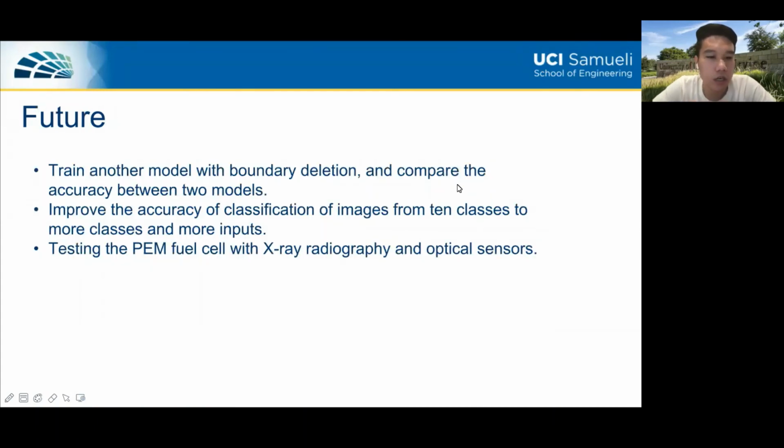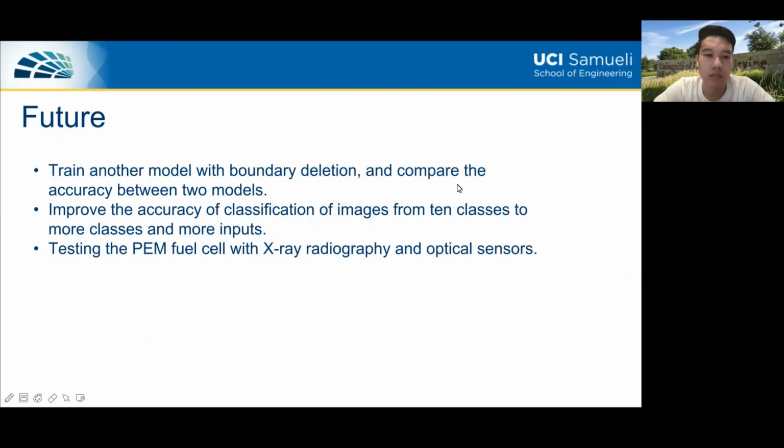In the future, we're going to train another model with boundary deletion, which will increase the accuracy and the stability of the model. Because some images in the data set near the boundary will cause misunderstanding for the model, we're going to train another model with boundary deletion to compare the accuracy between the two models.